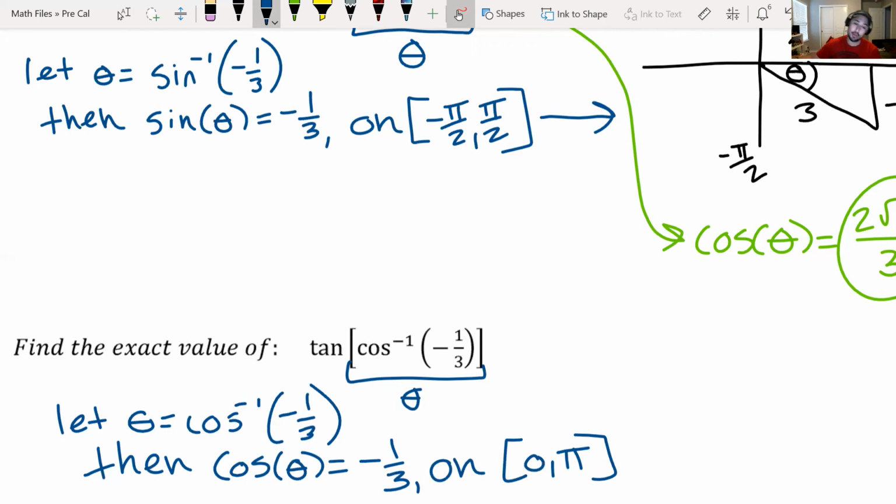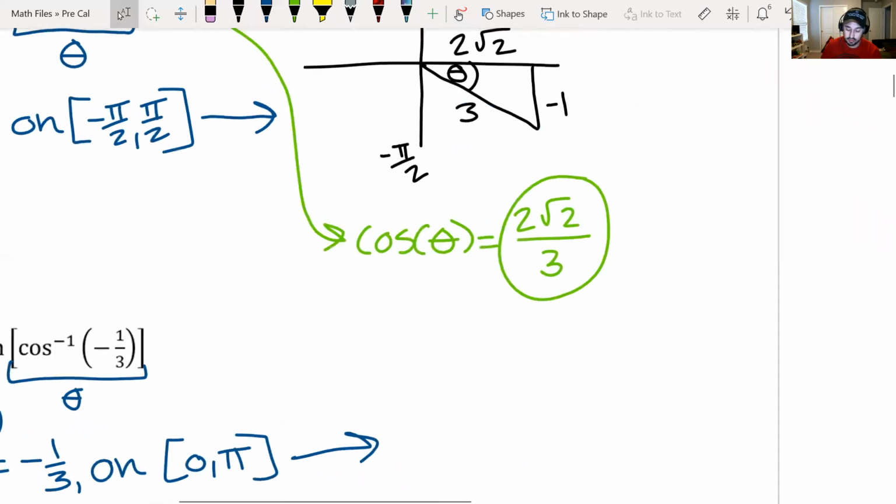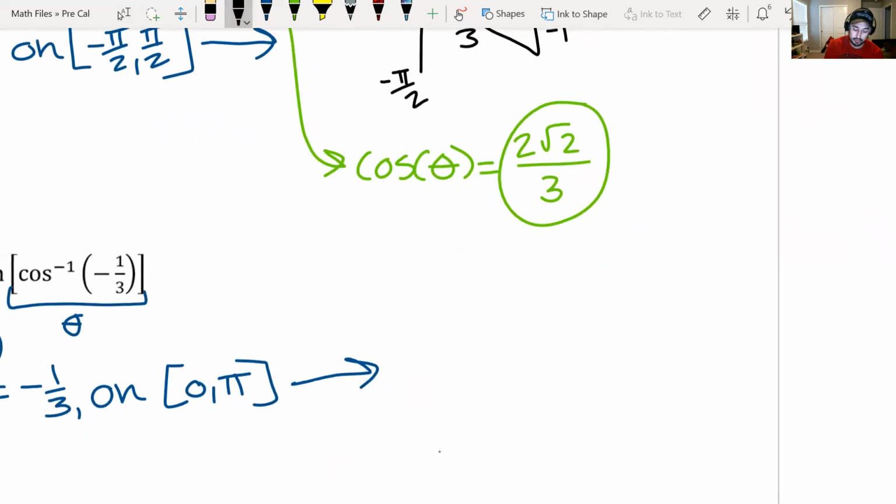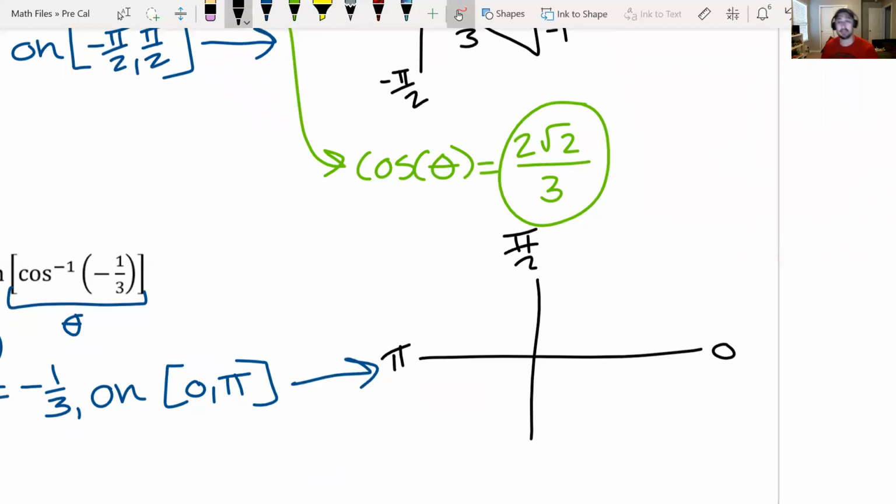Now again, what do we do with that information? We put it on the unit circle dealing with the inverse cosine's restrictions. Here's my unit circle. Here's 0. Here's pi. I could even put pi over 2 in there because it's included. And now remember, the inverse cosine lives in quadrant 1 and quadrant 2.